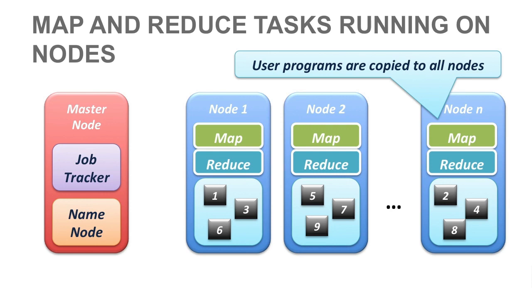So this copying is the first part of our processing. And the map and reduce jobs will process the data that resides on the disks of these machines. Naturally, you need somebody to coordinate and keep track of the execution, and that is the purpose of the job tracker, which executes on the master node.